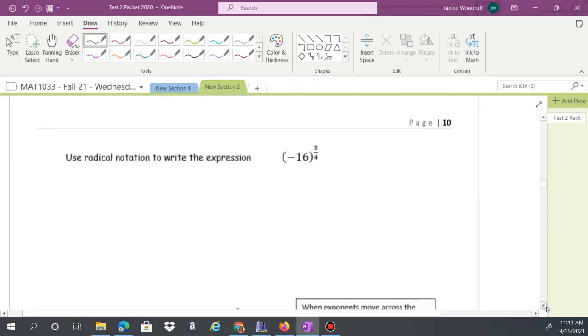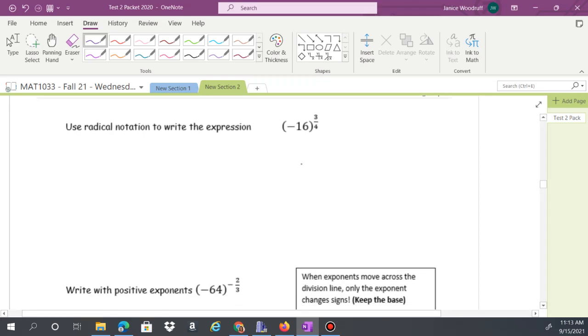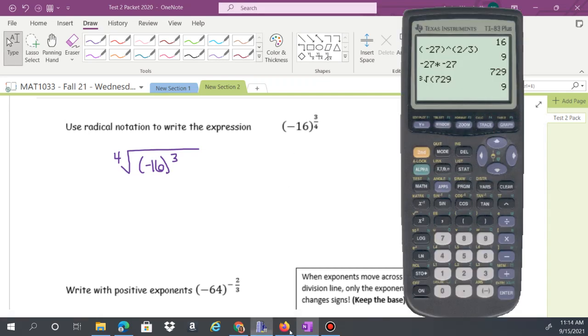Okay, so let's look at another example. So write this in radical notation. Very, very similar problem. Underneath the radical, I have a -16. The top of the fraction goes inside the radical, the bottom outside. And then we'll work that out. So -16 to the third is going to be negative 4,096.